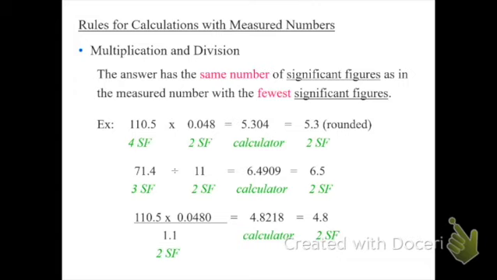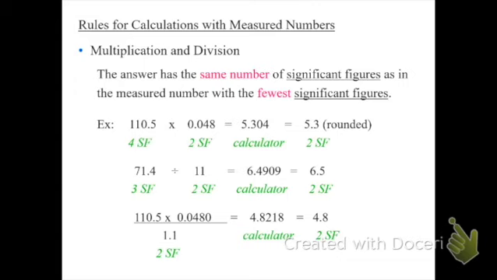So when you have division or multiplication, the answer you get has the same number of significant figures as the measured number with the fewest number of significant figures. What does that mean?